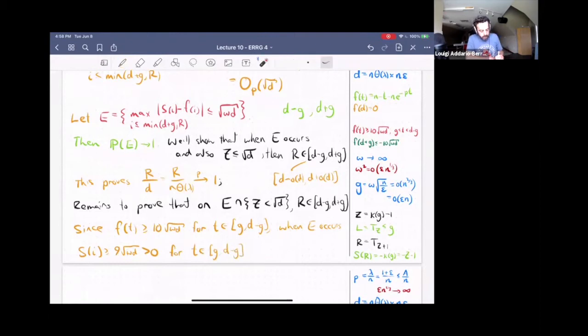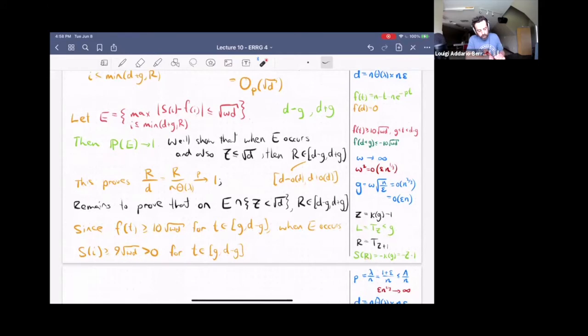But at time r, s is minus z minus 1. In particular, it's negative, right? And r doesn't occur in this interval. R is after time g, because the time L was the last time before g that we hit a new local minimum, right?